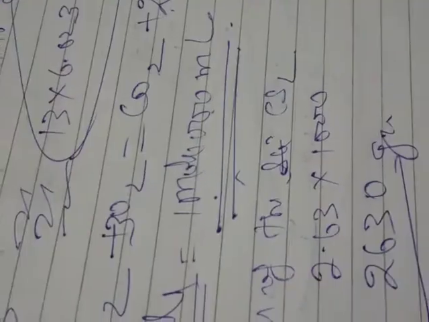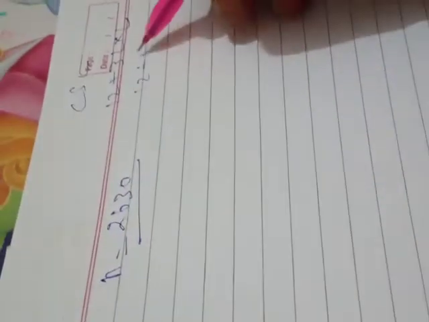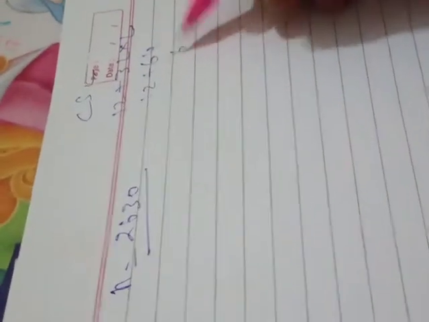So first of all we have to find out the volume of this quantity. Specific gravity is given here. First we have to calculate n. So the number of moles n will be equal to 2630 divided by the molar mass of carbon disulfide: 12 plus 32 into 2, that is 12 plus 64, which is 76.